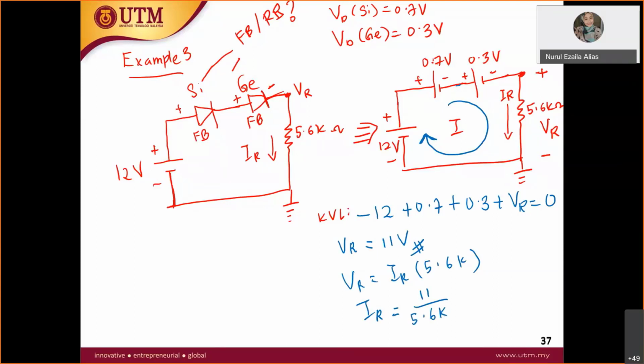Can someone give me the answer? 1.964 milliampere. All right, great. Okay, 1.96 milliampere. So this is how you do this kind of question.